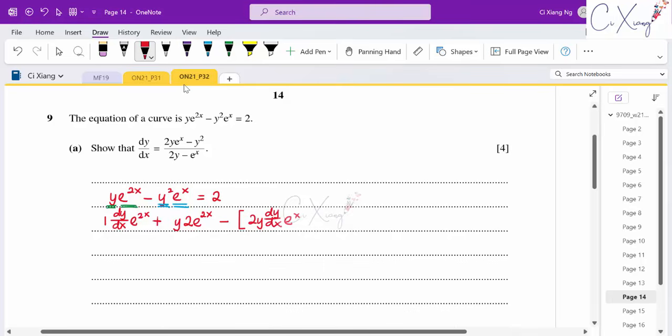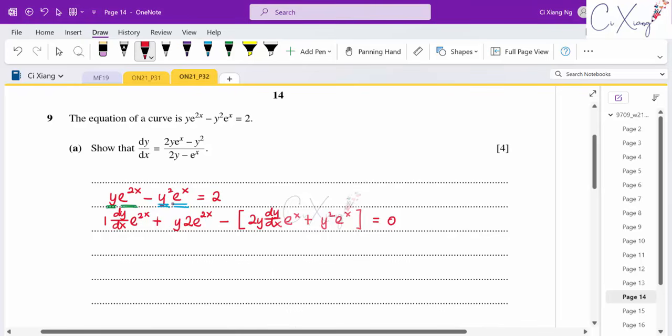Copy the second bracket, then plus copy the first bracket y squared, differentiate the second. Differentiating e power x, you get e power x times 1, and I didn't write out the dx/dx because it equals 1. Now the right side: differentiate 2. 2 is a constant, so by right you should get 0.